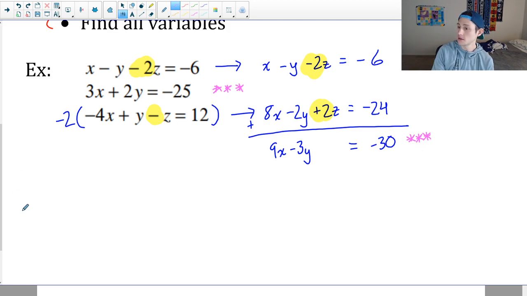So let me copy down those equations again just over here. These are those same pink ones that I starred earlier. 3x plus 2y equals -25. 9x minus 3y equals -30.